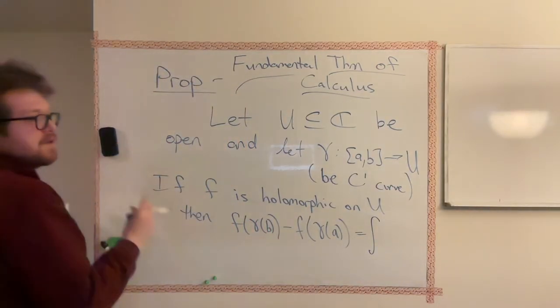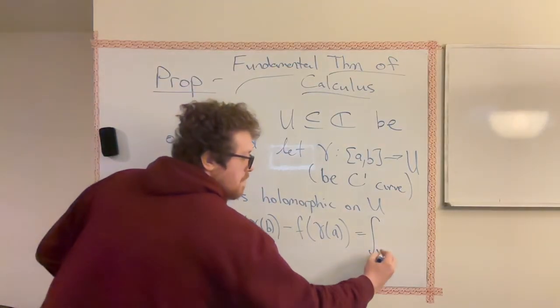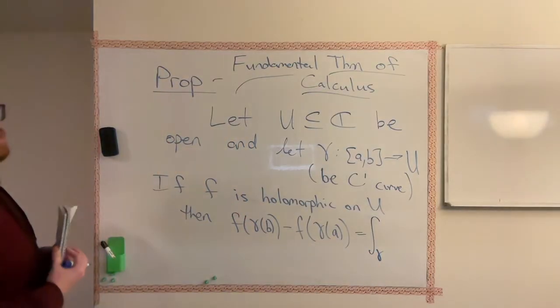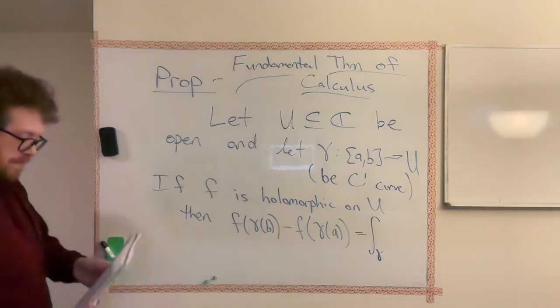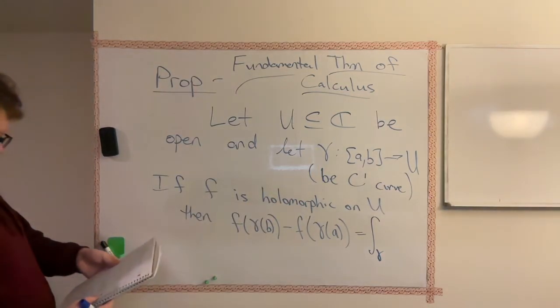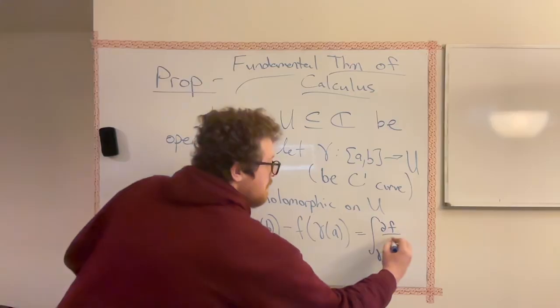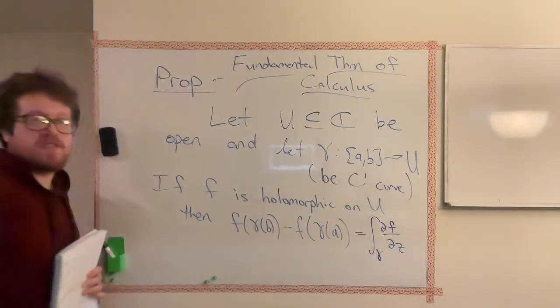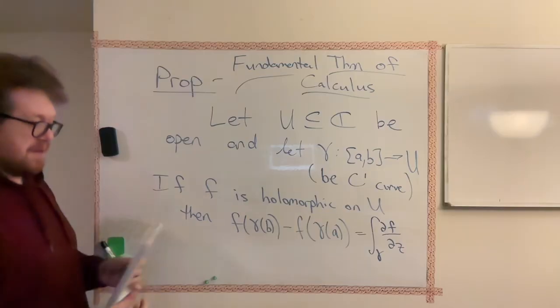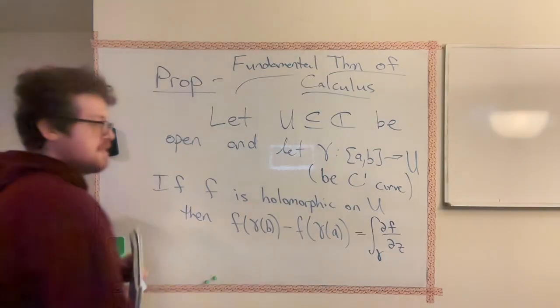So it's equal to a complex line integral over this path gamma of the derivative, df dz, which is just the complex integral if it's holomorphic, dz.